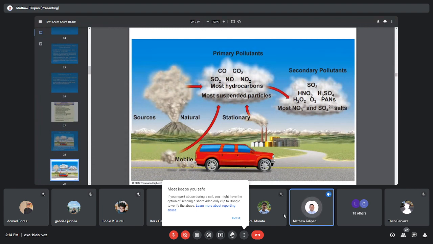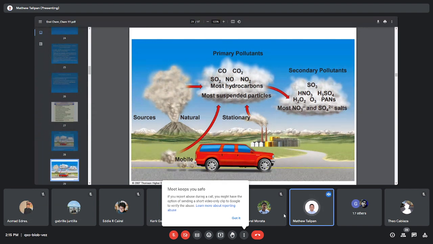So let's say you have carbon dioxide, sulfur oxides, nitrogen oxides, and hydrocarbons. These can interact with water vapor, and then you form another kind of pollutants known as secondary pollutants. For example, unpolluted rain is slightly acidic because of carbon dioxide formed from the reaction of carbon dioxide and water vapor.